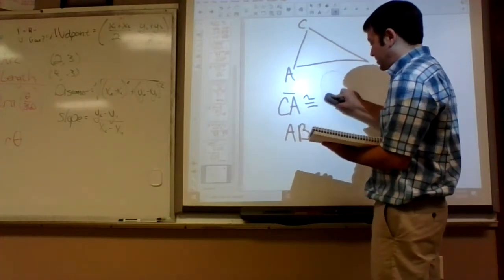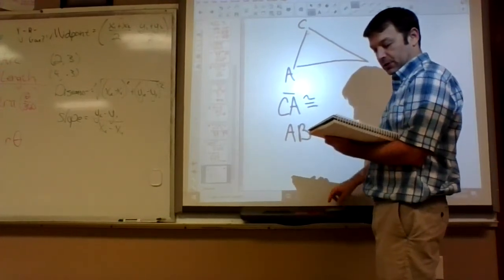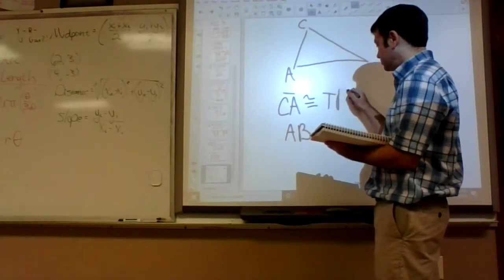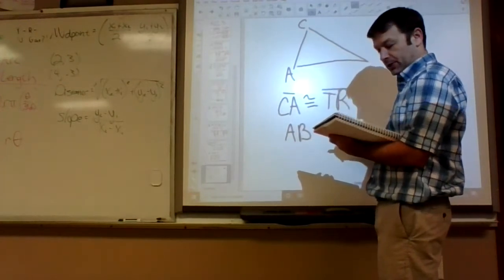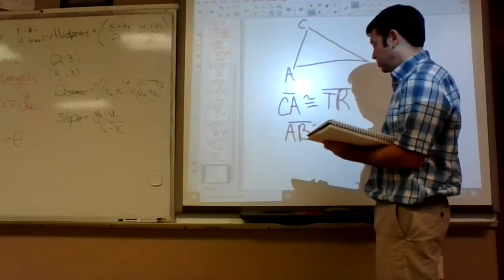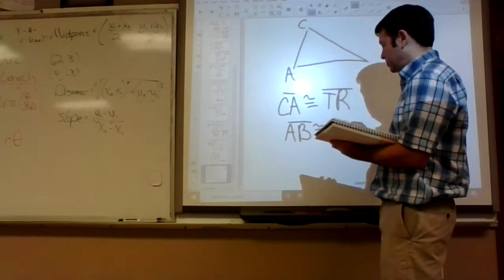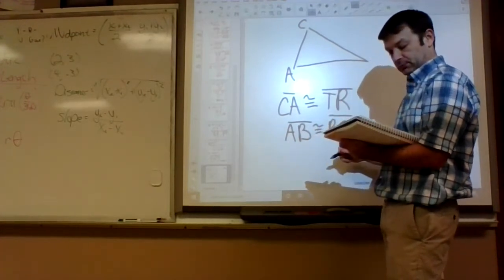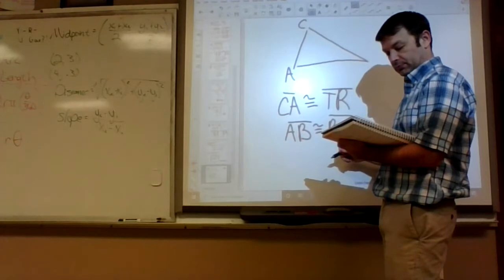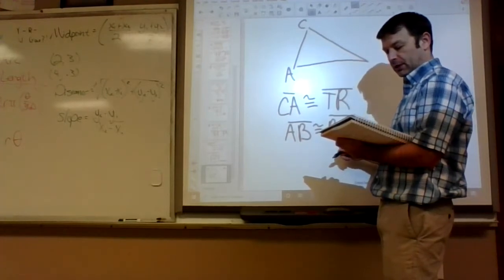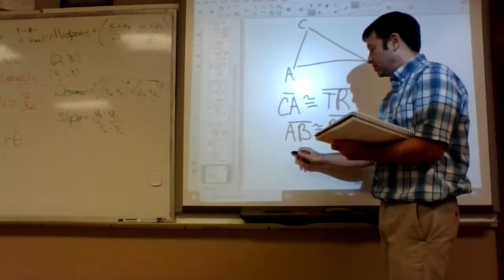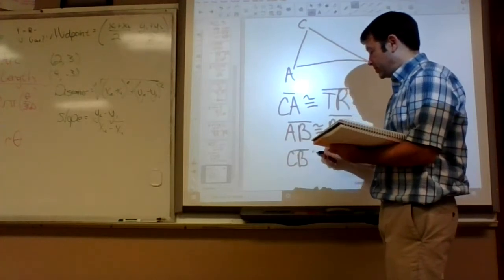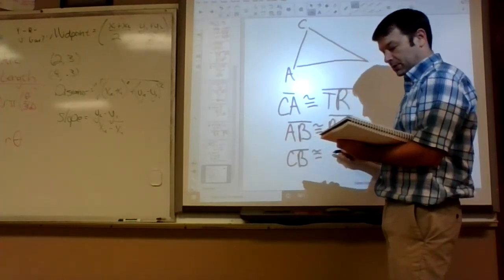So CA should match TR. AB should match RS. What else? BC, SG. Right, BC or CB, and CA, TR. CB should match TS.